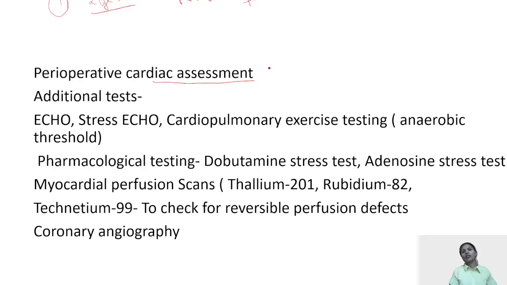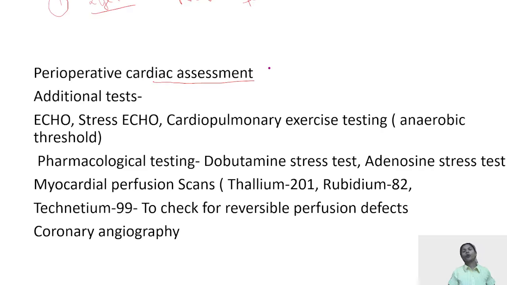So, the investigations within a 2 year period are valid. Is it understandable? If the patient has undergone the whole cardiac evaluation within the 2 years period and no new functional limitation has come up, then that investigation is valid. Done?